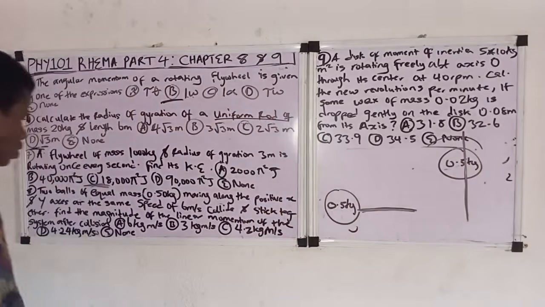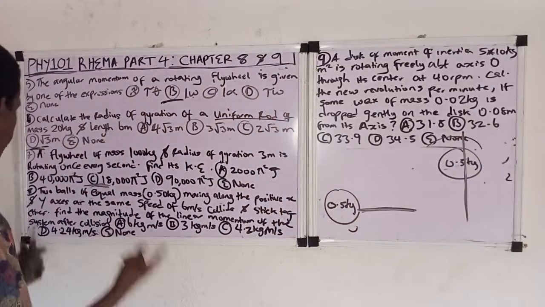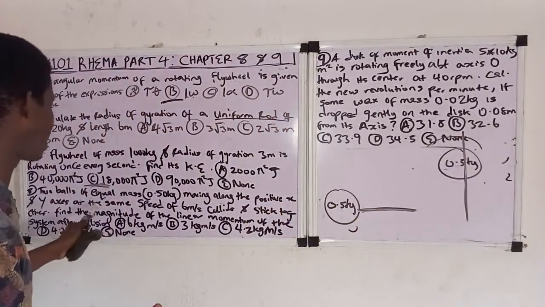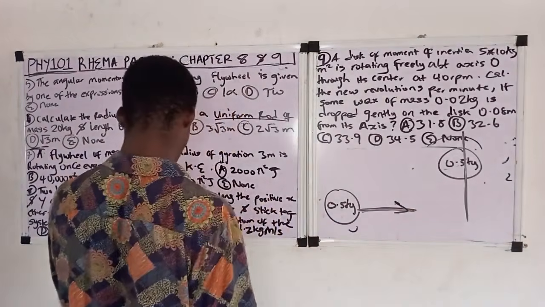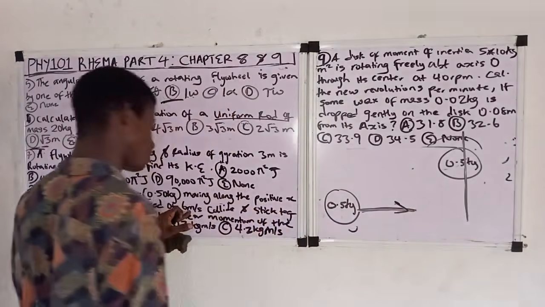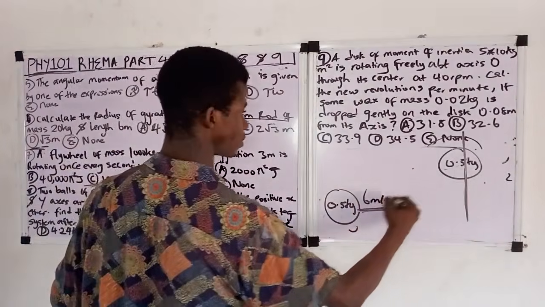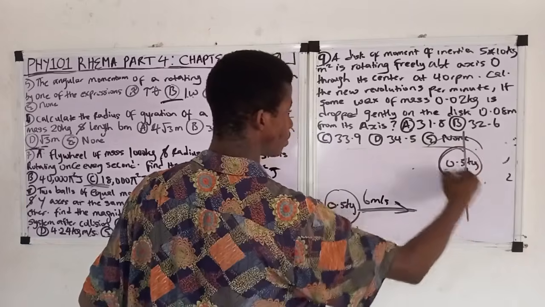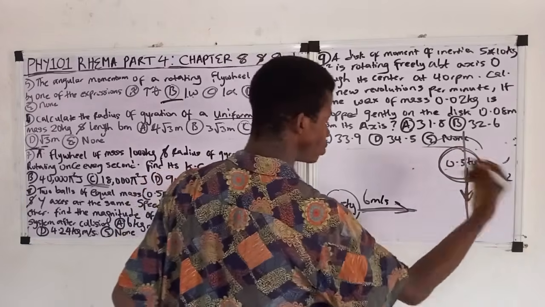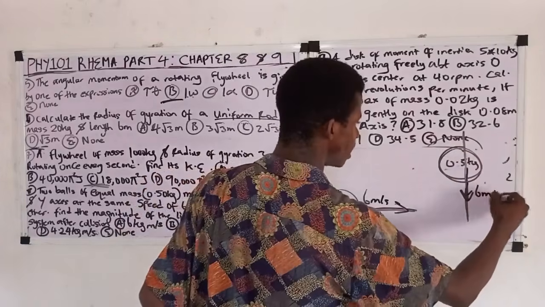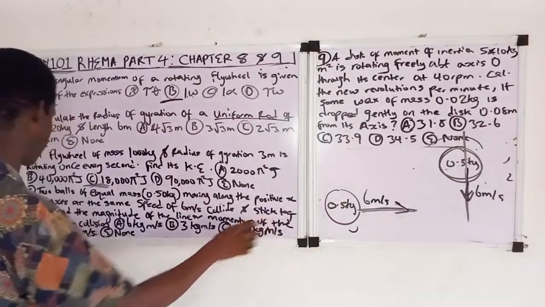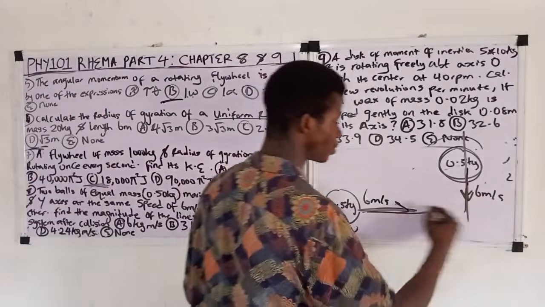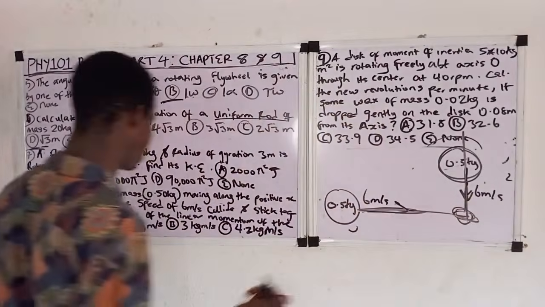They are moving at the same speed of 6 meters per second. So this one moving along the Y axis also has a speed of 6 meters per second. They collide and stick together. So let's say they both collide at this point, and they stick together.